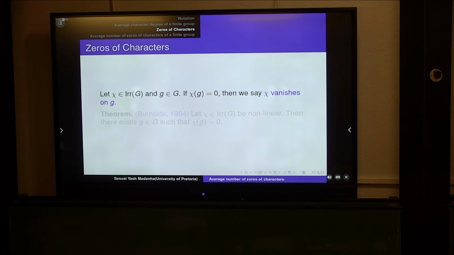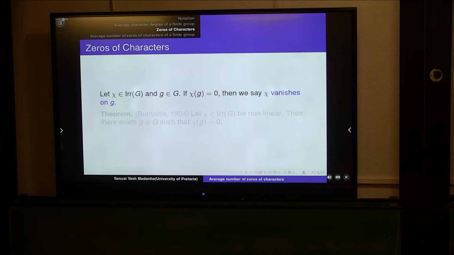For linear characters, you will not find this character value being zero. A linear character is a map from the group to the general linear group, which for n equal to 1 is just the non-zero complex numbers, so you're not going to get a 0.